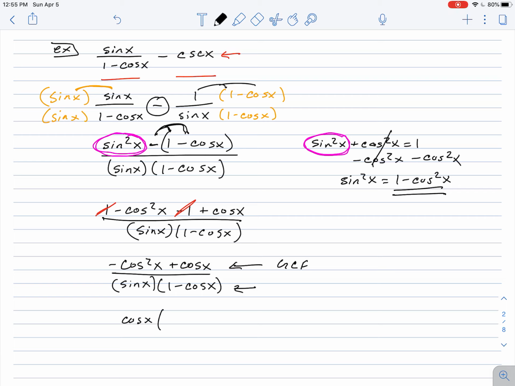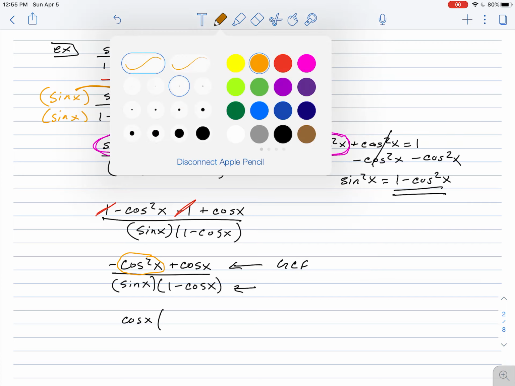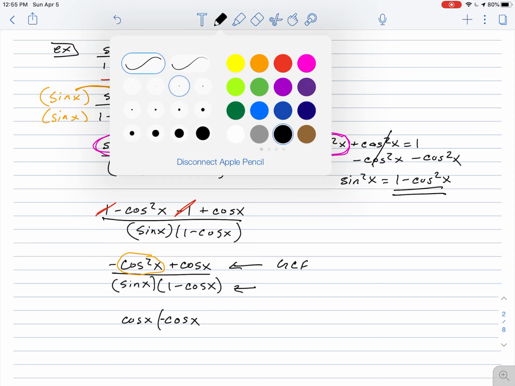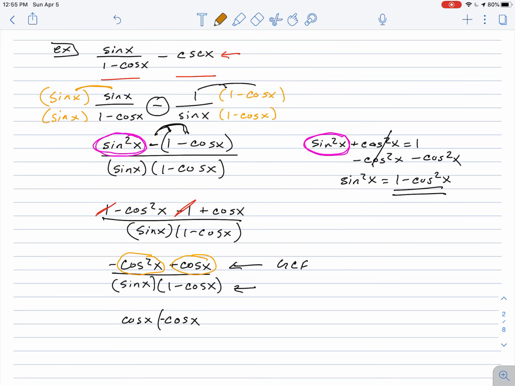So I'm going to pull the cosine out. And in this term right here, I've got two cosines. That's what cosine squared means. So when I pull one out, I'm left with 1, and I'm going to keep that negative sign in there. And in this second term, when I pull a cosine out, there's nothing left.